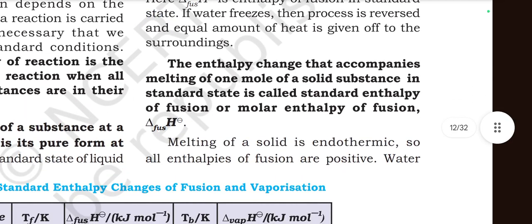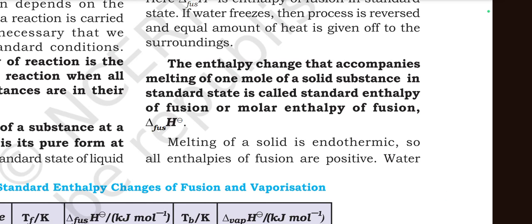The enthalpy change that accompanies melting of 1 mole of a solid substance in the standard state is known as standard enthalpy of fusion or molar enthalpy of fusion. Melting of a solid is endothermic, so all enthalpies of fusion are positive.